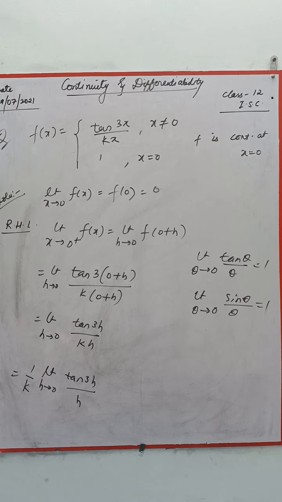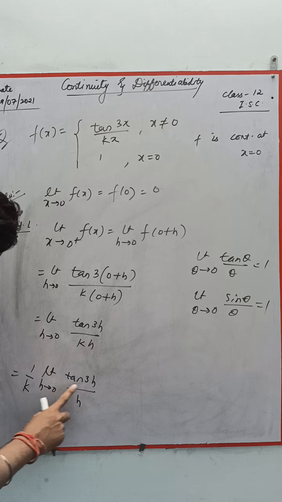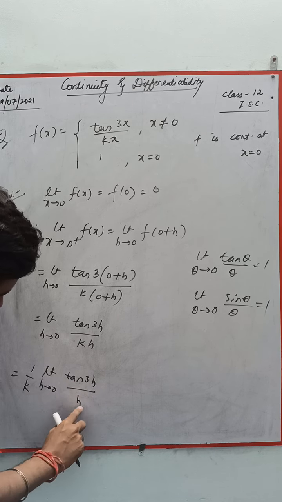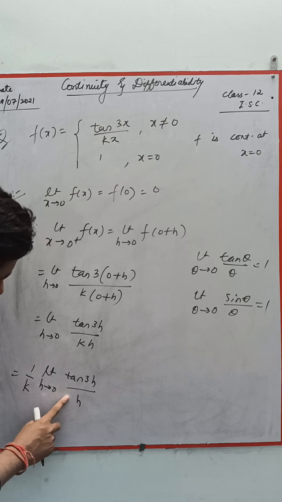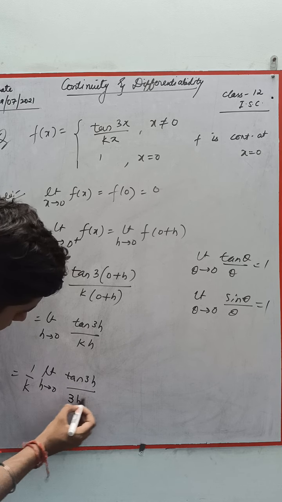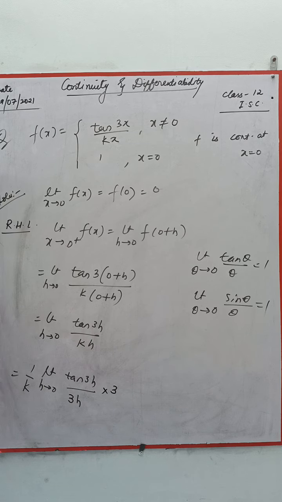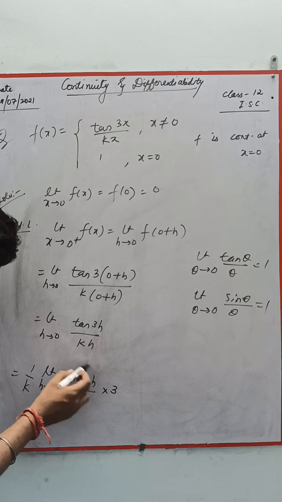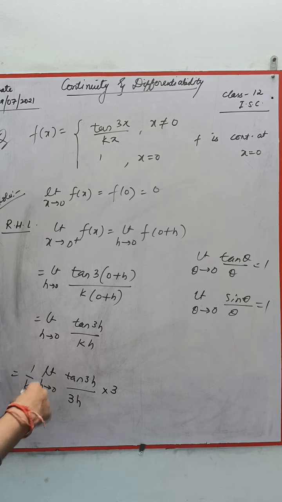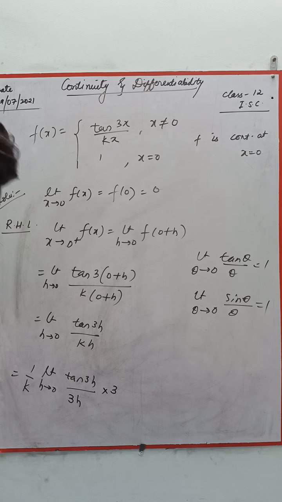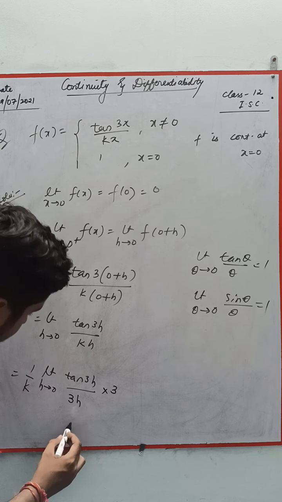That is what we are going to apply here, because for limit h tends to 0, tan 3h upon h, we need 3 in the denominator, so we multiply by 3 in the denominator as well as the numerator. Now all this quantity is equal to 1.